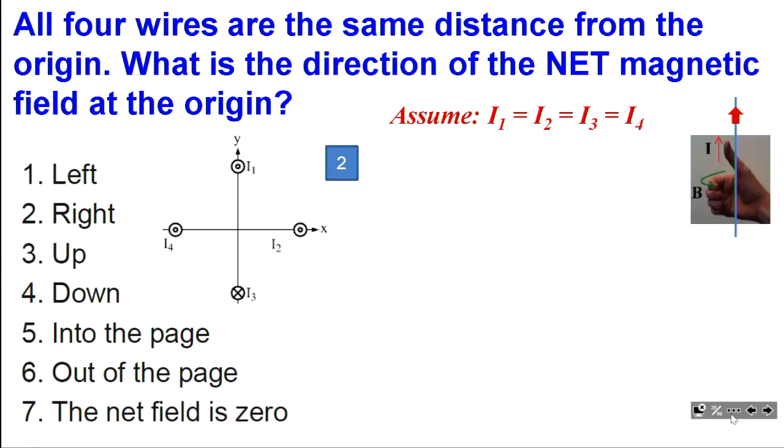So the right-hand rule was used to make a statement about the direction of all magnetic field lines. All right, moving on. Current number 2 still points out of the screen, but now the same location relative to this current will be to the left of this current. Does it affect the direction of magnetic field lines? No. Magnetic field lines still are counterclockwise. So we still have to draw a little circle to make a statement about the direction of magnetic field lines.